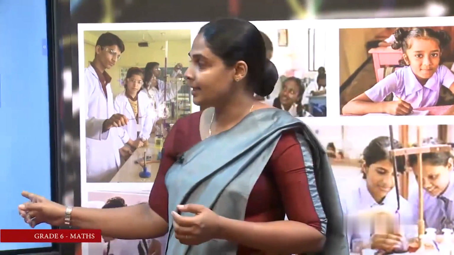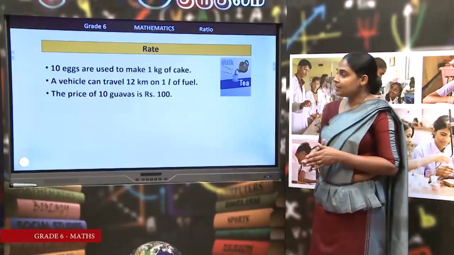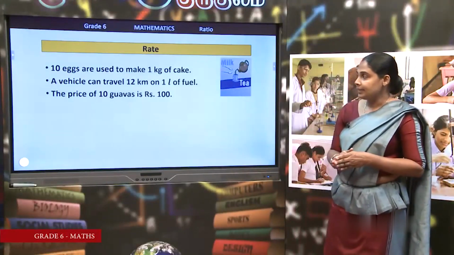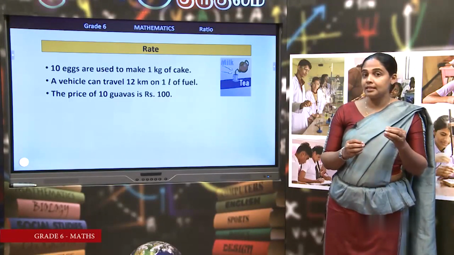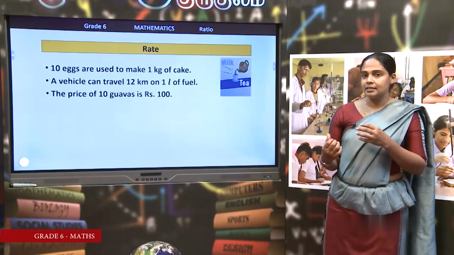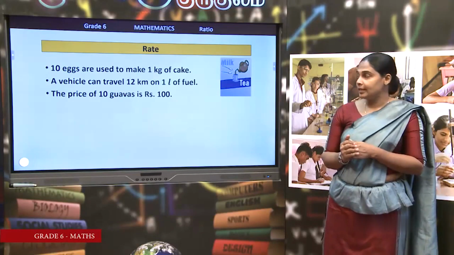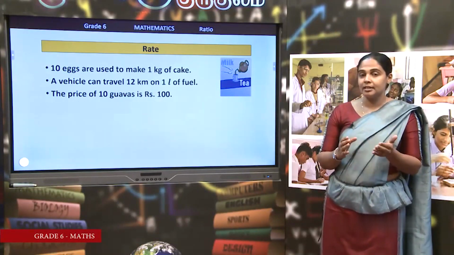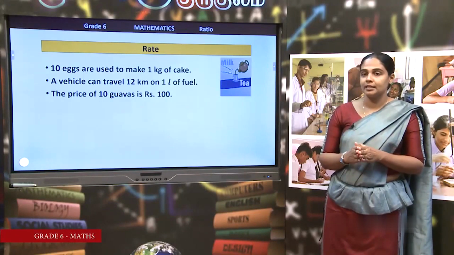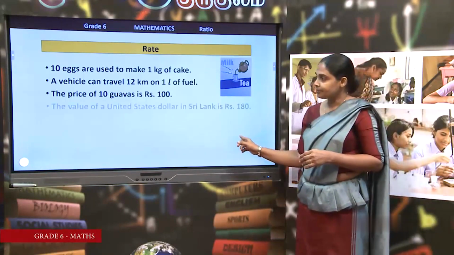Then another statement. The price of 10 guavas is 100 rupees. 10 guavas is a number of guavas. Price is in rupees, it is 100 rupees. Then we can't convert them into the same unit. Then another one.